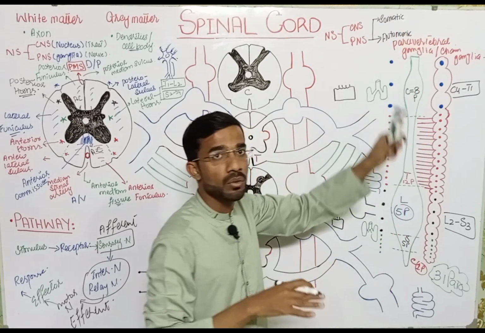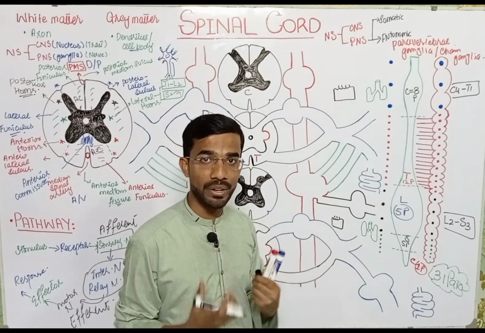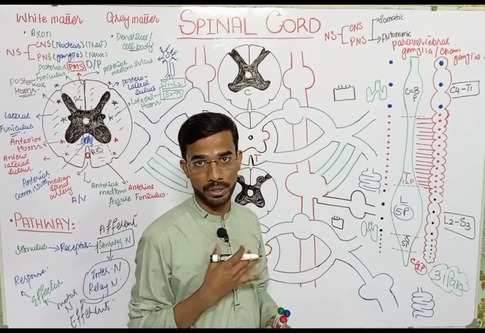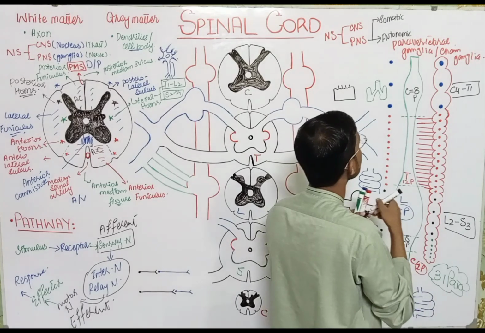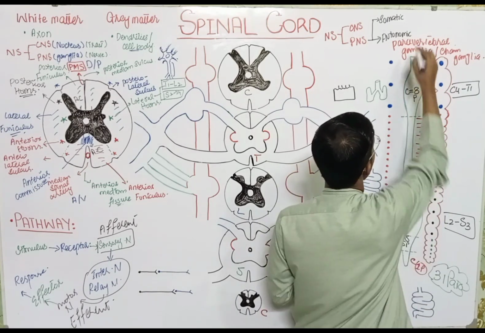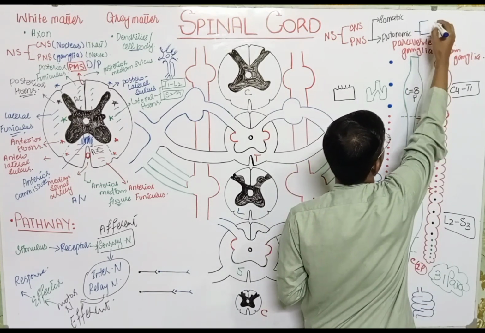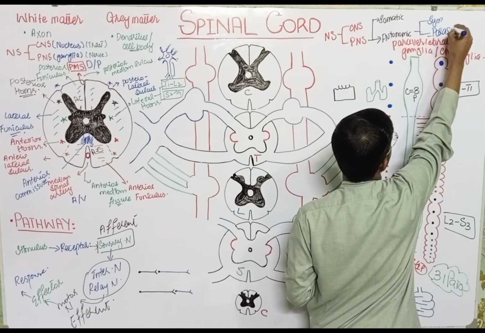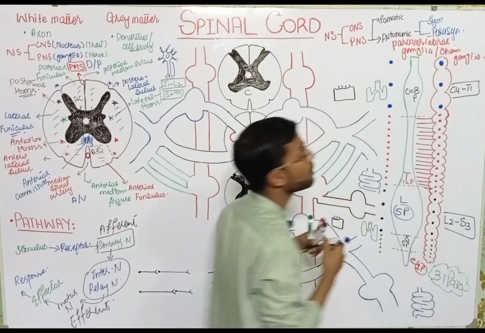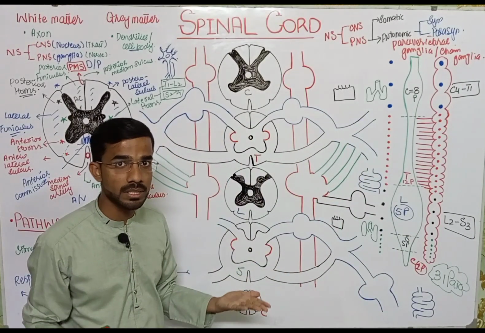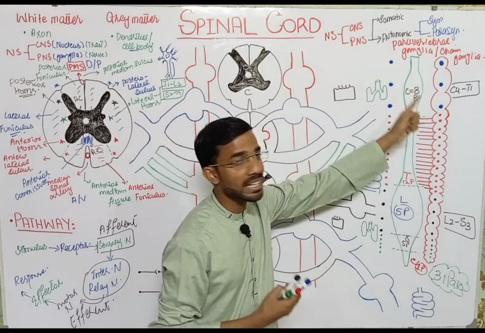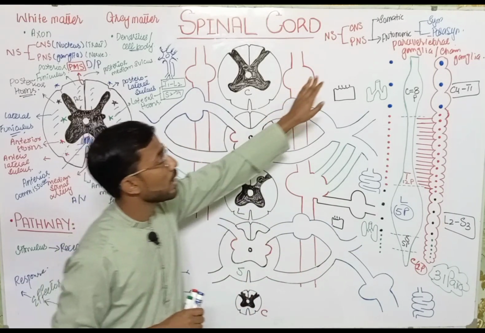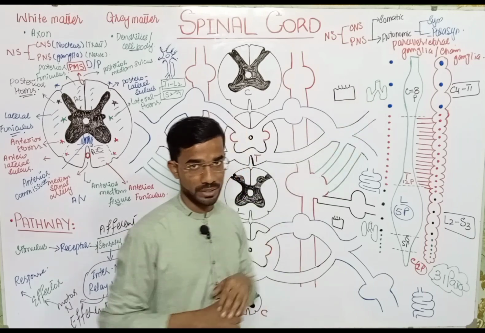Somatic is voluntary, that is in our control, and autonomic is involuntary, that is not in our control. The autonomic is further divided into two: sympathetic and parasympathetic nervous system. Sympathetic is involved in emergency, and parasympathetic reverses the sympathetic effect. So these are the different subtypes of the peripheral nervous system.